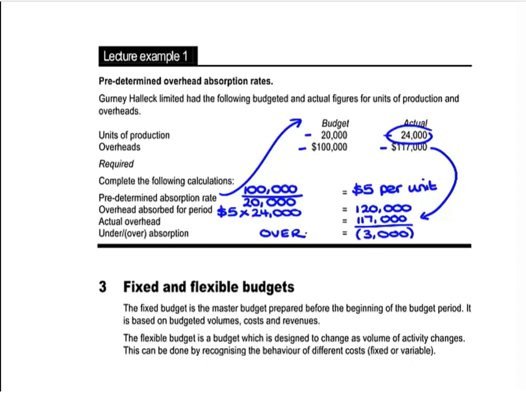And if we showed that in our income statement, we would show our fixed overheads absorbed of 120,000, and then we'd show our adjustment for over absorption of 3,000. And the net of those two figures is the 117,000, which is what we've actually spent on overheads. So although we don't show the 117,000, you can see that it's all there.